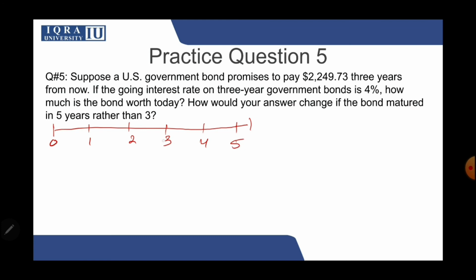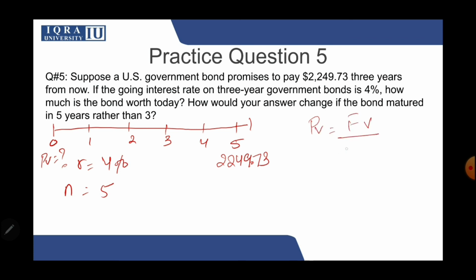So now instead of the bond promising to pay 2249 3 years from now, it will pay 5 years from now, because your n has changed. The rate is still the same, but your n is 5, and you still need to find out the present value.